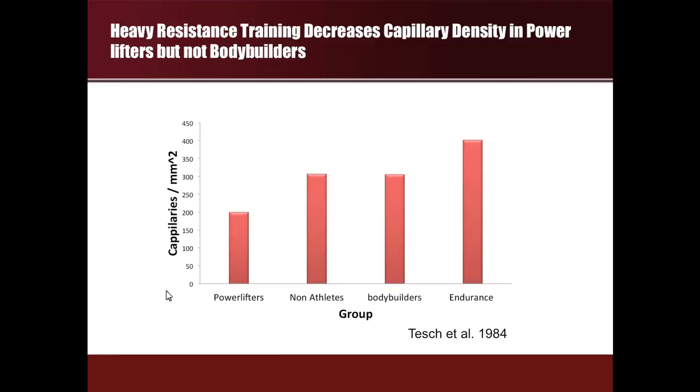Now, does that mean that bodybuilders aren't increasing capillaries or mitochondria? No. They're increasing it a ton because they have double the muscle that the non-athletes have, as far as cross-sectional area. And then the endurance athletes are not increasing the myofibrils that much. They may be going down, but their capillaries are going up, so their capillary density is higher than all the other groups.